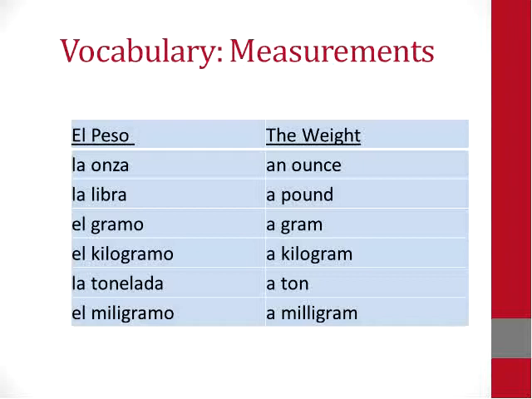The first set you have is on weight. You say la onza for an ounce, la libra for a pound, el gramo, a gram, el kilogramo, kilogram, la tonelada. So you need to take this one a little bit slow.